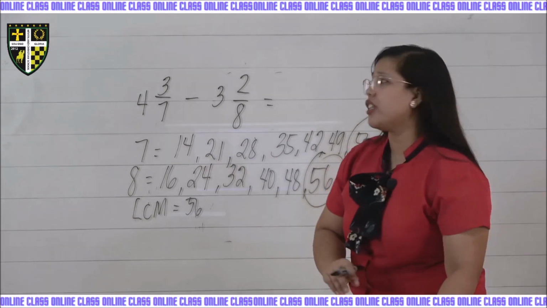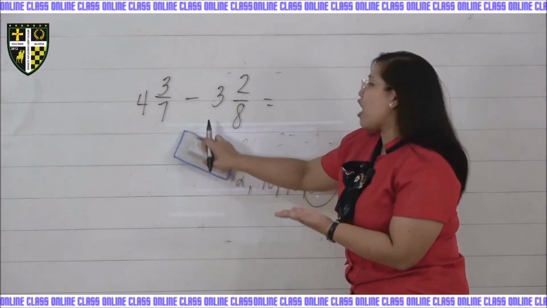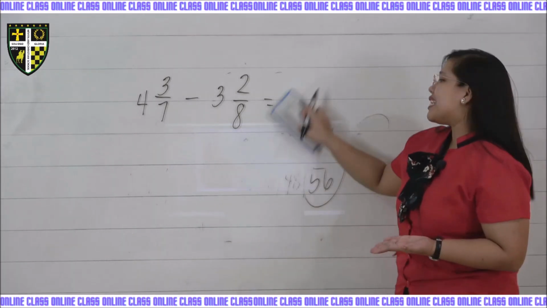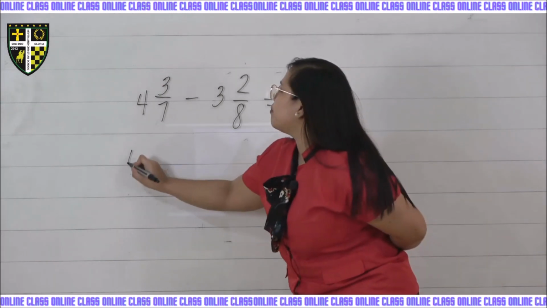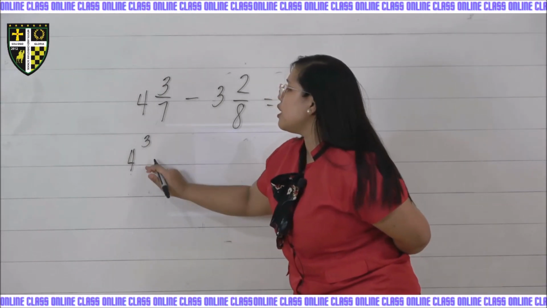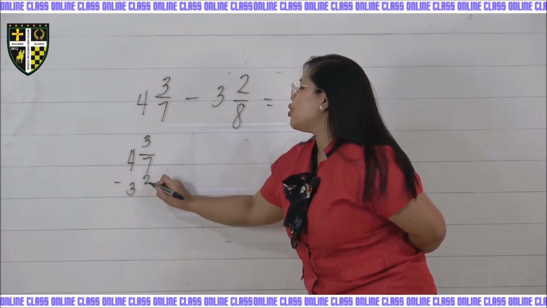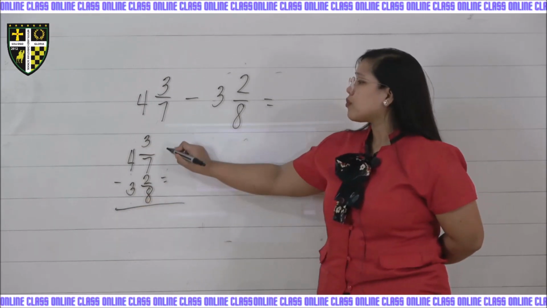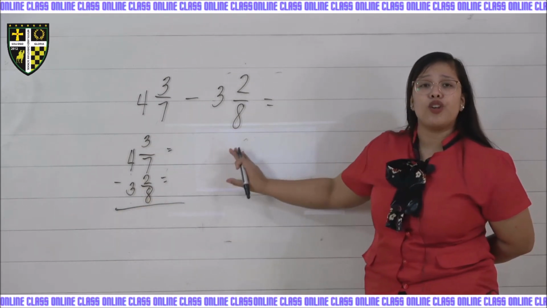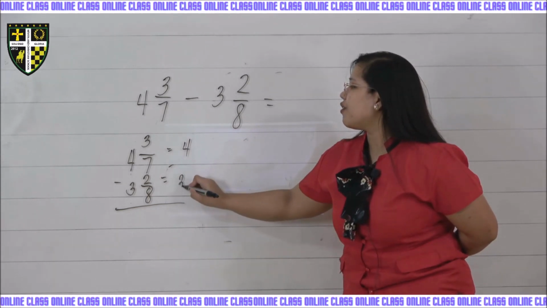So next we will do is change this mixed fraction into similar fraction. So we will write them: 4 and 3/7 minus 3 and 2/8. Okay? So again, we will just copy their whole number, so 4 minus 3.